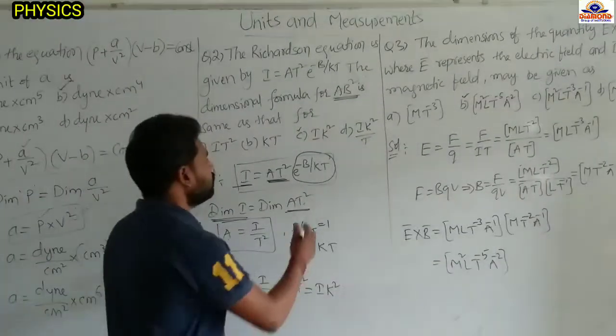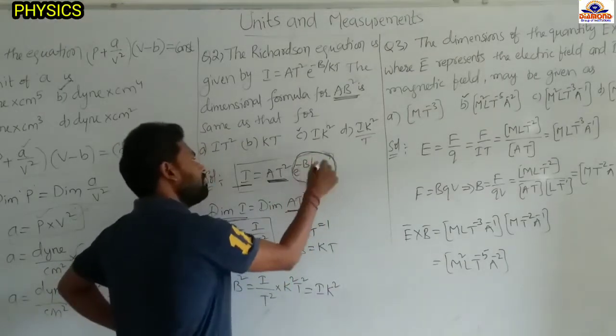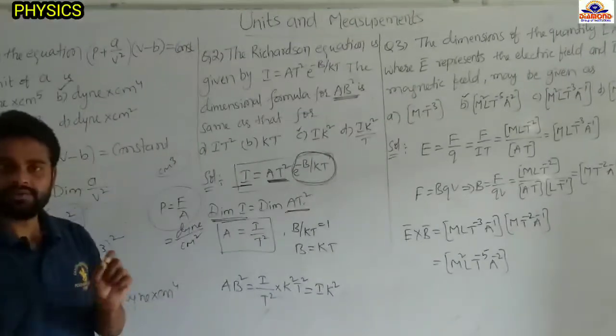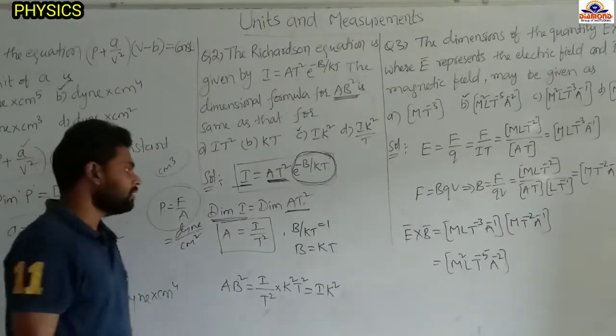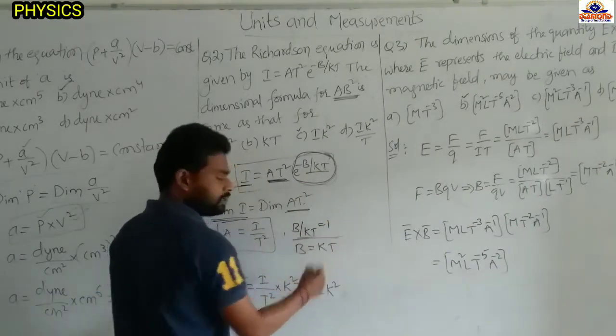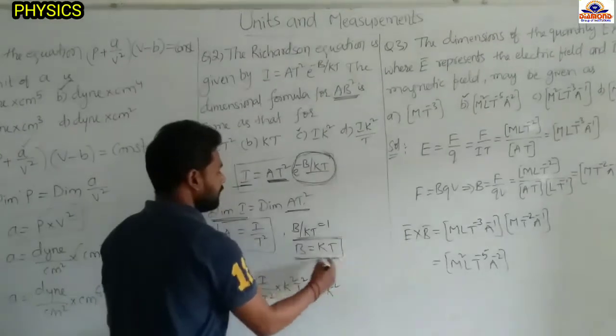And next, see now, the exponential I said is dimensionless, so the exponential power is also dimensionless. Dimensionless means we have to equate that to the value one. So the power is B/kT, and I am equating B/kT to 1. From this I find B equals kT.